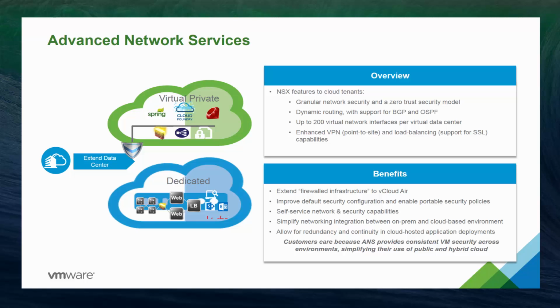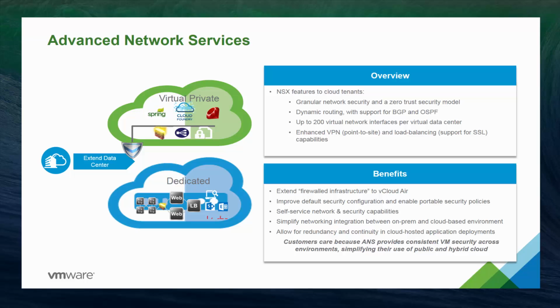Advanced networking and security brings the benefits of our on-premise network virtualization product, NSX, and its capabilities to vCloud Air. It provides granular network security and zero trust model. This makes it easy for customers to extend their existing on-premise firewalled infrastructure and its rules to vCloud Air. No more creating separate firewall rules for the two different locations.